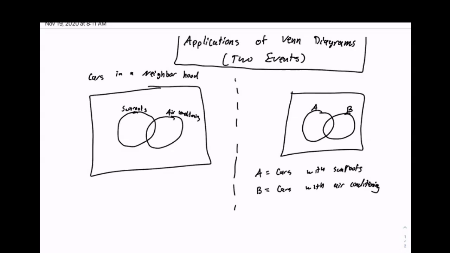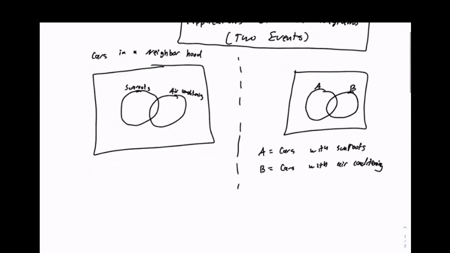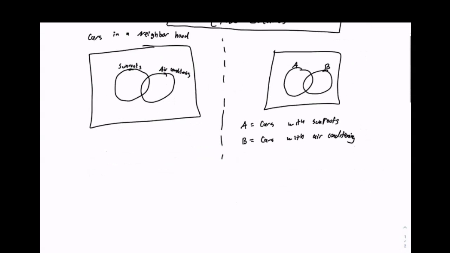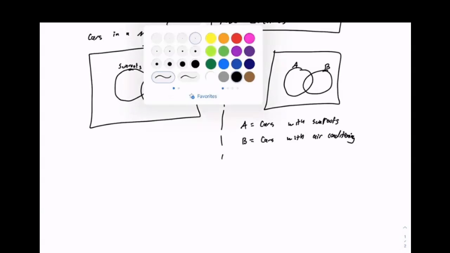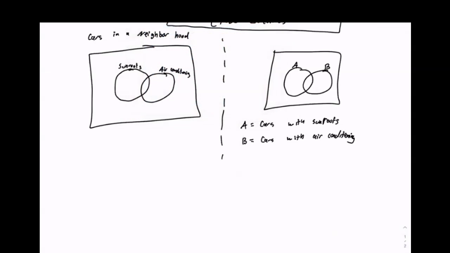So the purpose of this lesson is to try to explain what these problems mean. In these examples, we're going to utilize this one right here. If A and B are such, then what does this represent?